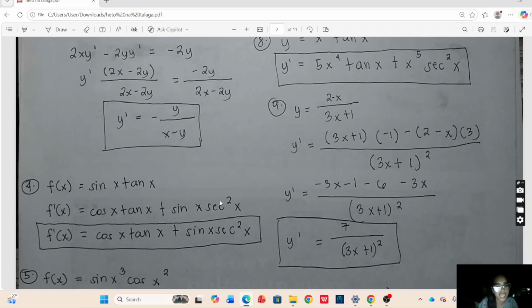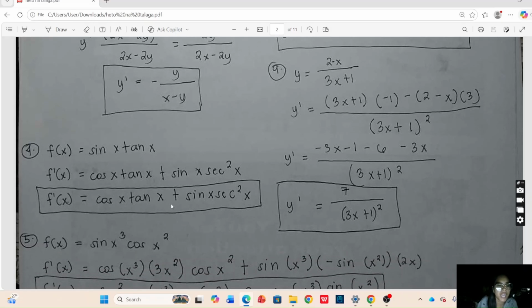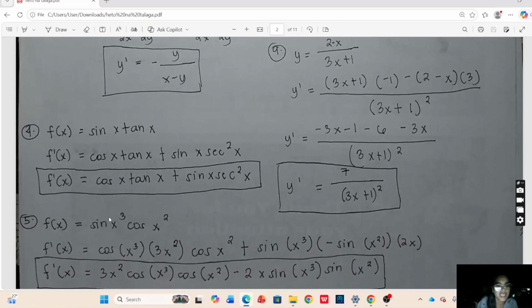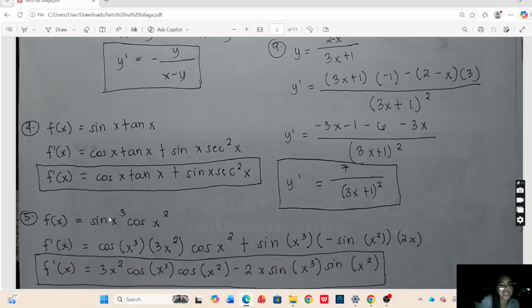The derivative of sine x is cosine x, while the derivative of tangent x is secant squared x. Substituting into the product rule formula, the final answer is f prime of x equals cos x tan x plus sine x sec squared x.